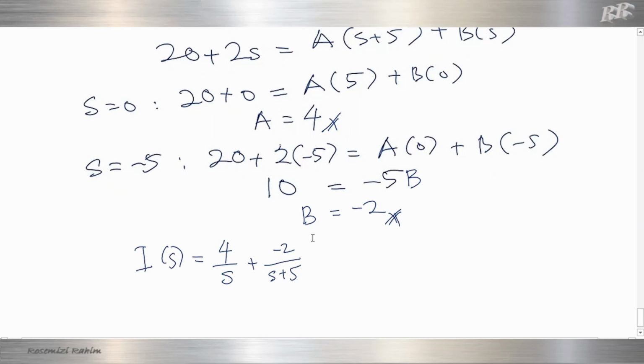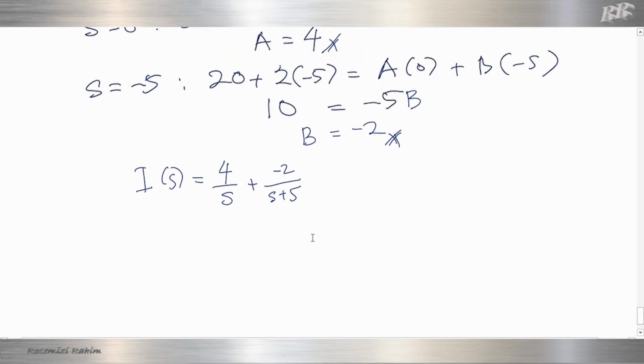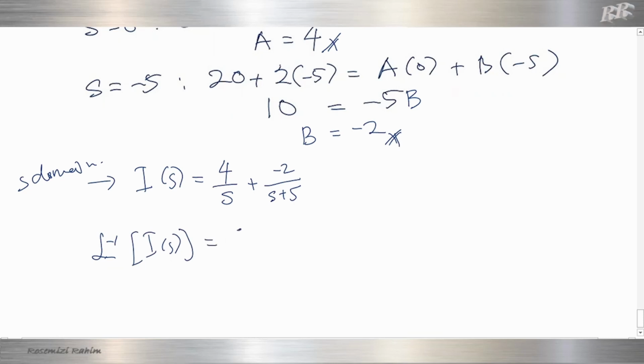This is in the S domain, so we need to convert to the T domain by inverse Laplace. Inverse Laplace of I(s) is equal to inverse Laplace of 4 over s plus inverse Laplace of minus 2 over (s plus 5).